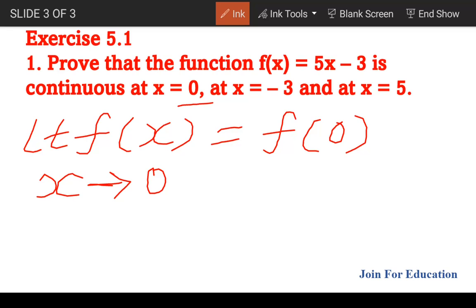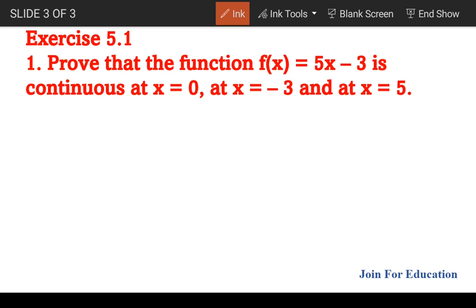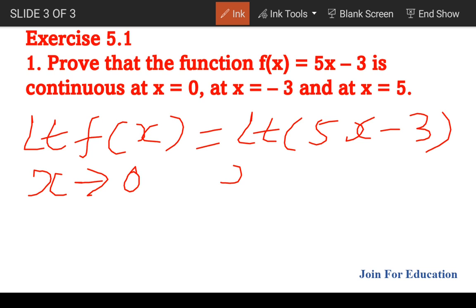So first of all, we find out the limit of the function as x tends to 0. So we write down here limit of the function as x tends to 0 equal to limit of 5x minus 3 as x tends to 0.